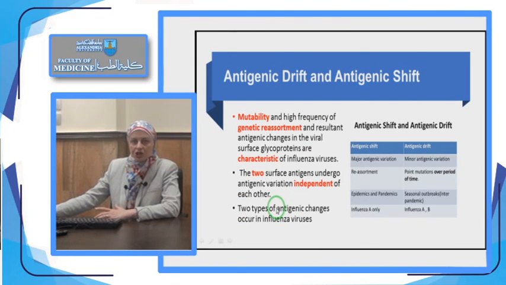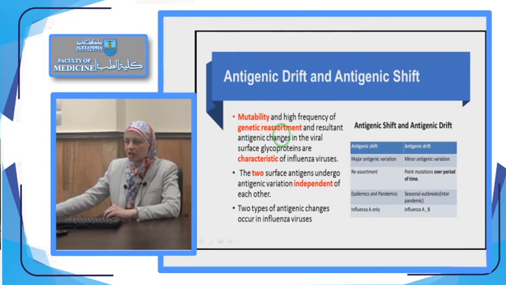So what about the changes that continuously happen in the hemagglutinin and the neuraminidase that are responsible for the antigenic changes that happen continuously with type A influenza viruses? There are two types of changes, either mutations, or, as we have said, genetic reassortment, an exchange when more than one virus infects the cell at the same time.